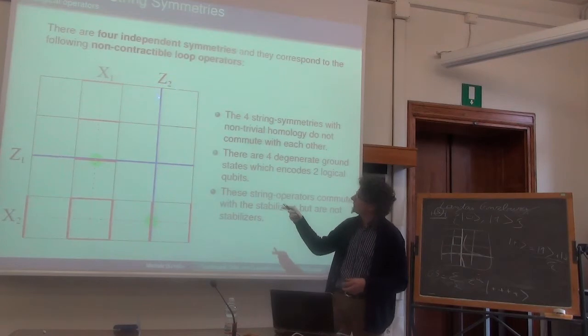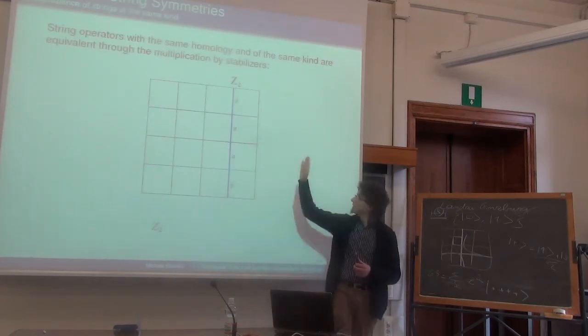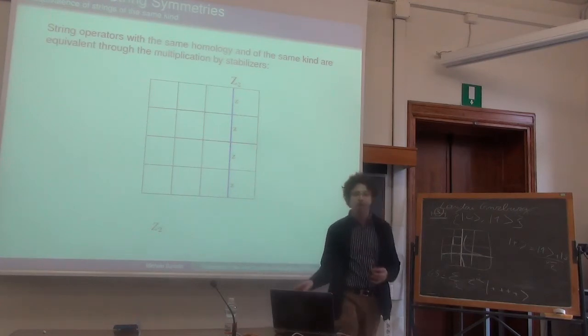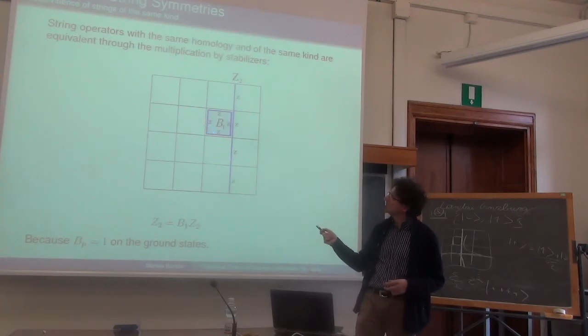One possible question that you may consider is why I am considering only this string and not a parallel one, for example, or a string which is a little bit bent. And the reason is that all the vertical strings of one kind are equivalent up to the multiplication of plaquette terms. But we know that the plaquette terms on the ground states are always equal to 1.